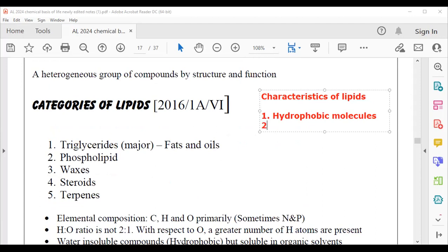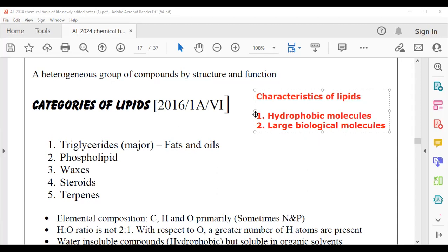Second, they are large biological molecules. How many properties? Two. So, third one, they are not macromolecules. You know macromolecules, right? Biopolymers.